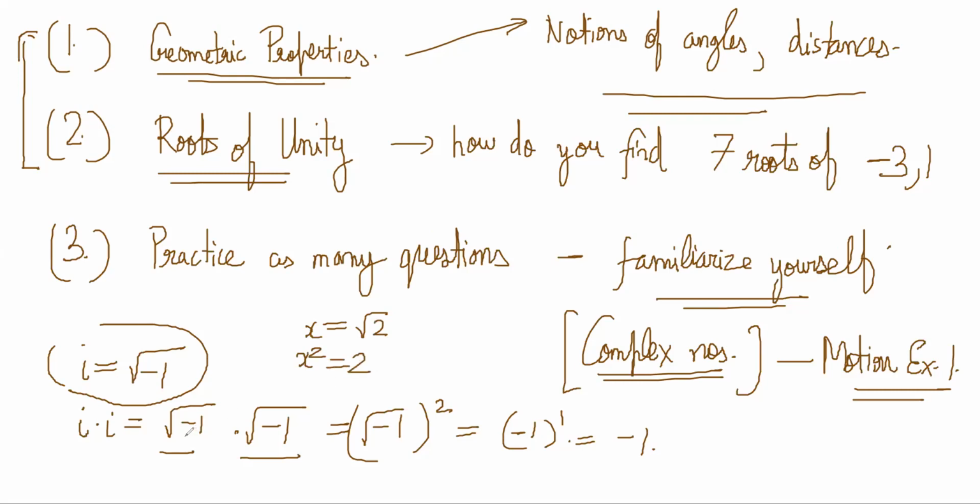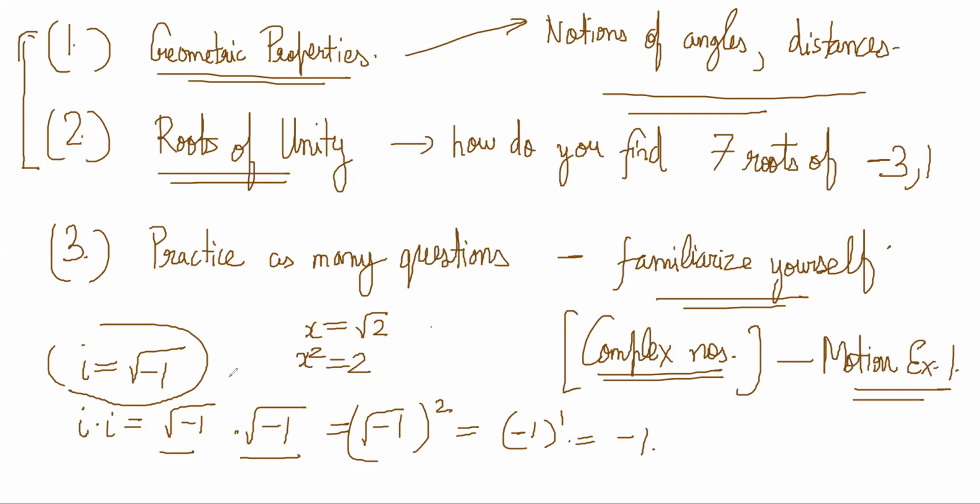But if you're multiplying root 2 and root 3, it becomes root 6, right? So if you multiply root -1 and root -1, it becomes root of -1 into -1, right? Root -1 into minus... no.